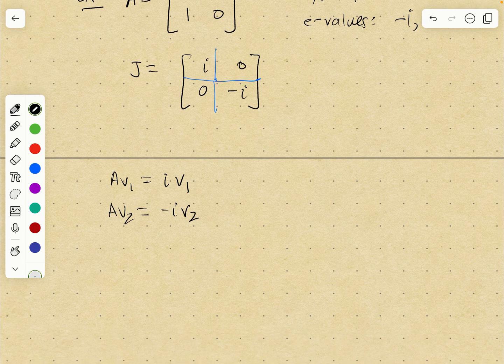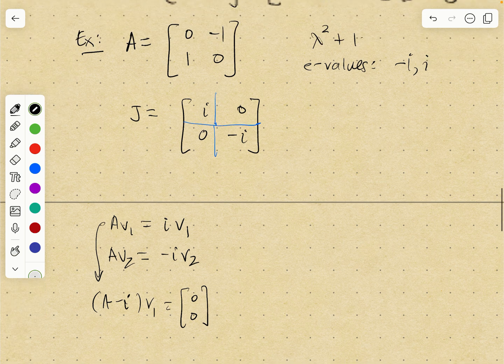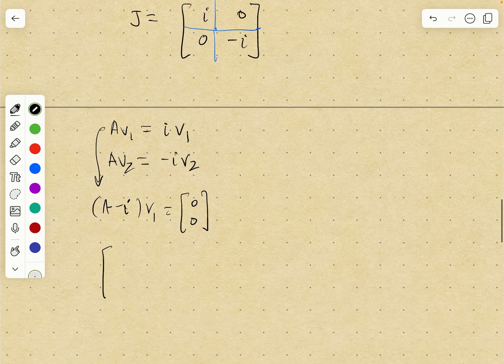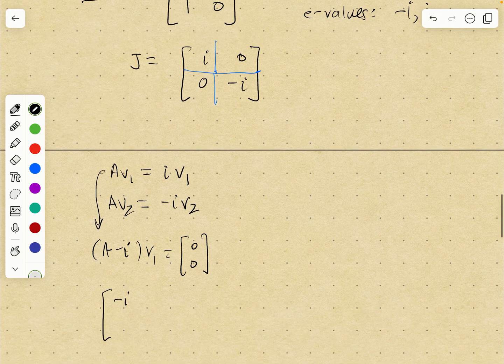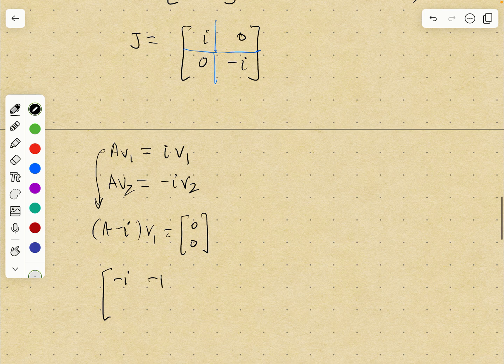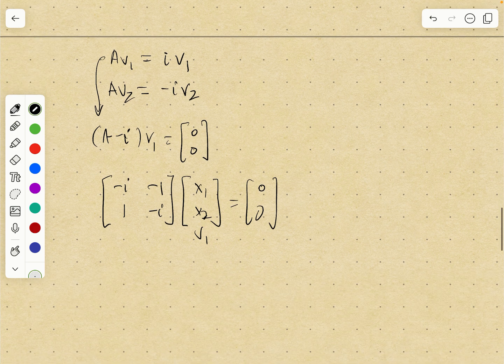Let's look at the first equation, that's A minus i, V1 is 0, 0. A minus i is going to be negative i, negative 1, 1, negative i. So this times, say, x1, x2, that's the vector V1, is going to be 0, 0.